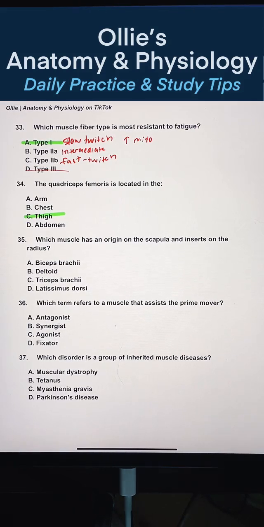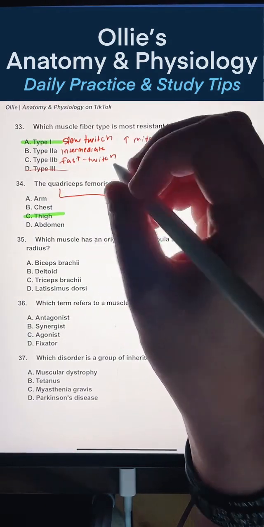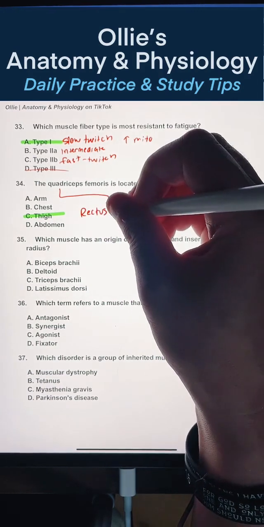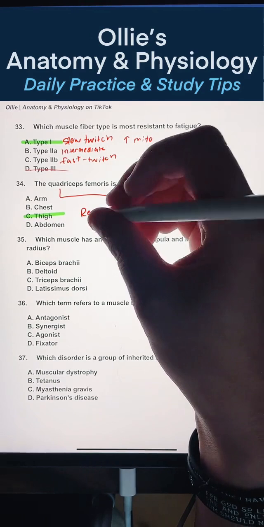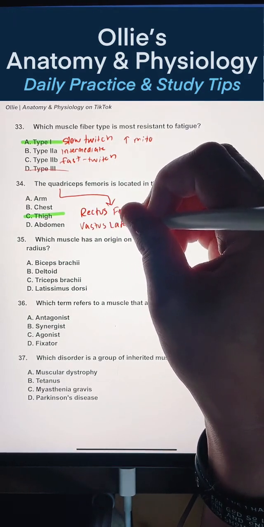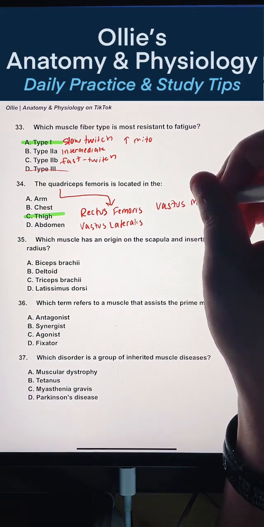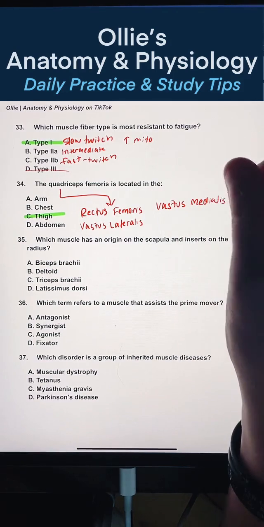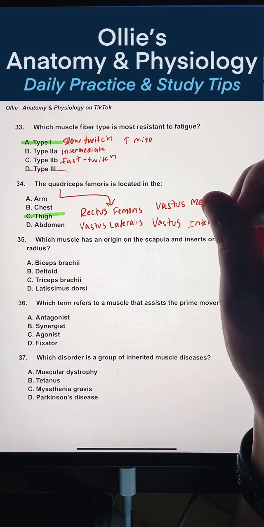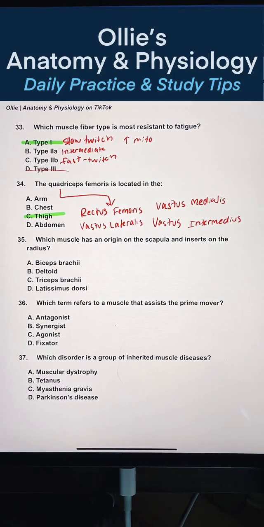Remember that the quadriceps femoris includes the four. Remember, quad means four, so it makes up our rectus femoris, our vastus lateralis, our vastus medialis, and our vastus medius.